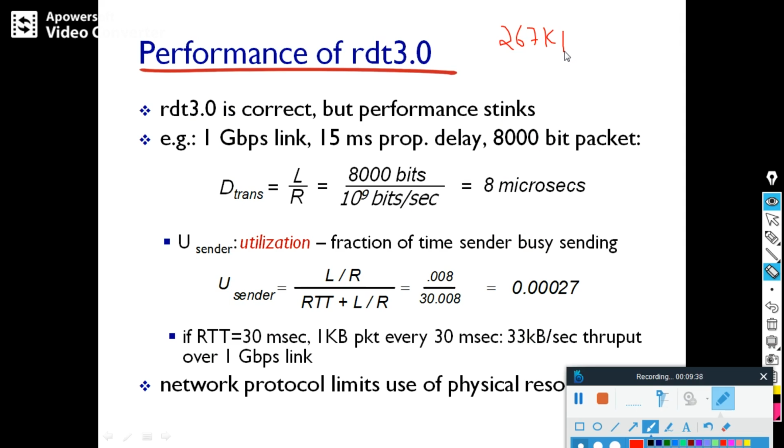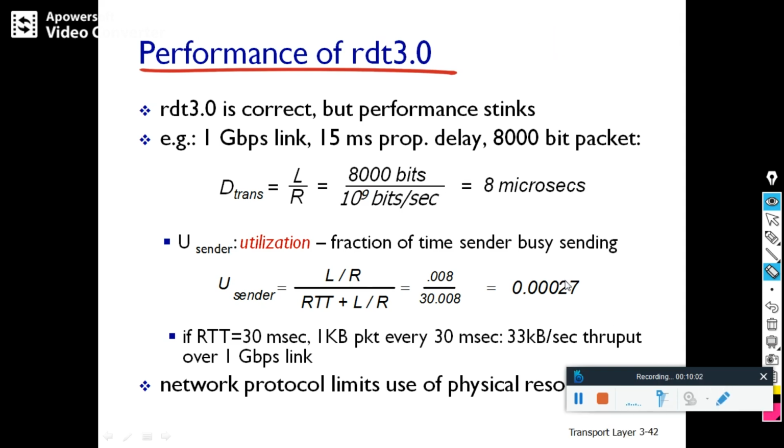And what is the link we are using? 1 Gbps. Out of 1 Gbps, we have utilized only 267 kilobits per second. You can see this in the next slide.